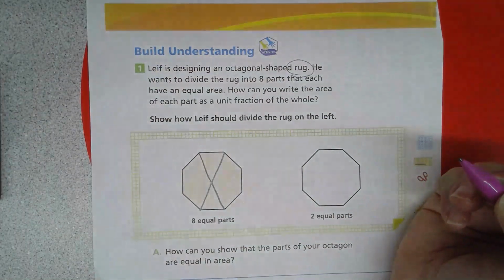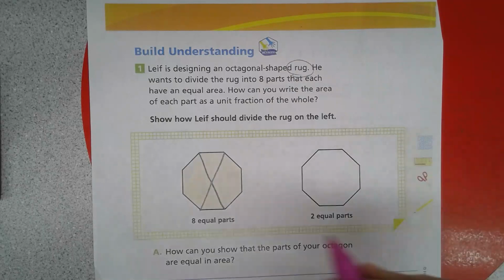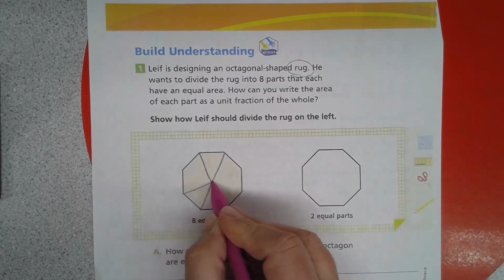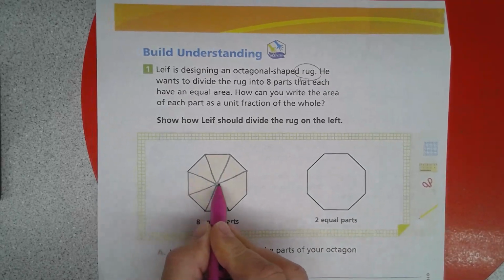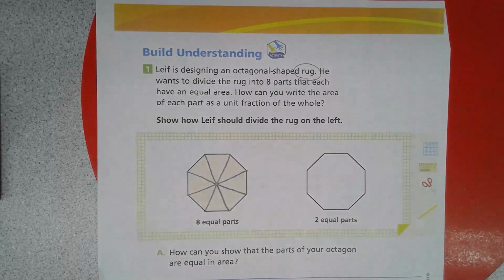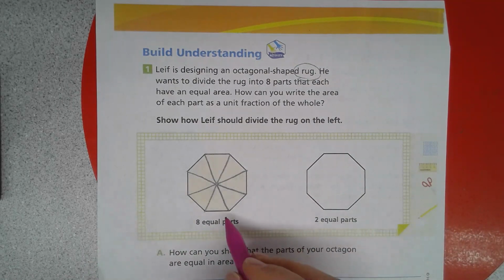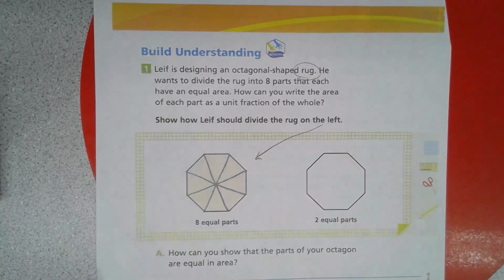So we've made a big skinny X. And then we're going to do a sideways X. So here, pass through the center, go here. Start here, go through the center, and go down there. So now we have 8 equal pieces. So that's how he should divide the rug on the left, right here.